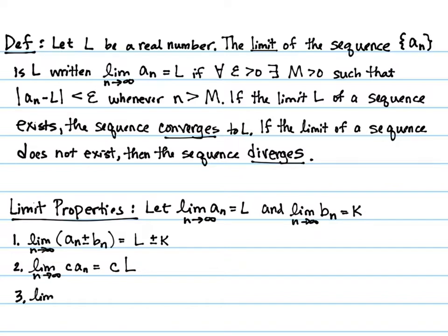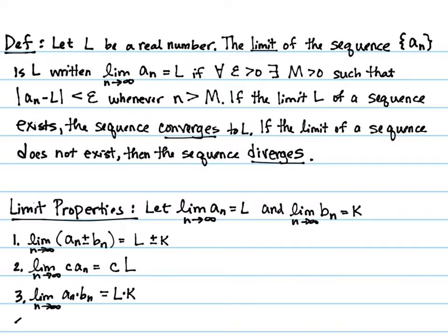The limit as n goes to infinity of a sub n times b sub n. What would we expect it to be? L K, right? They're just multiplied, L times K.